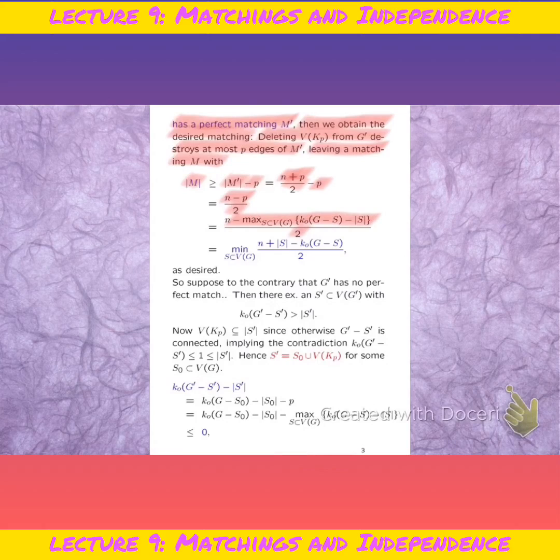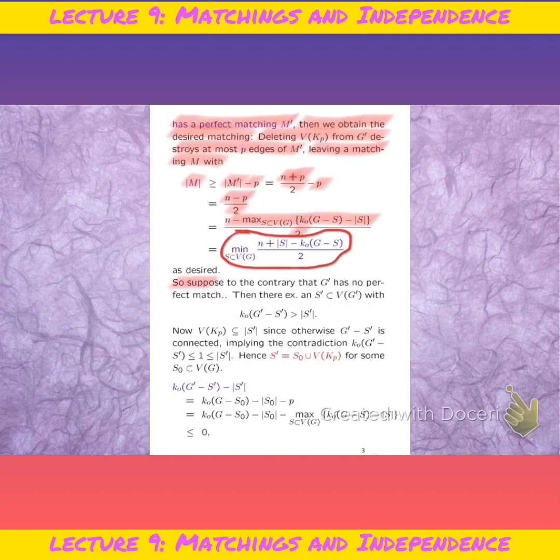And that maximum value is going to basically be the one that minimizes this thing here, and that's the cardinality I want. So all I have to do is show that this constructed graph has a perfect matching. That's all I need to do to prove my result.